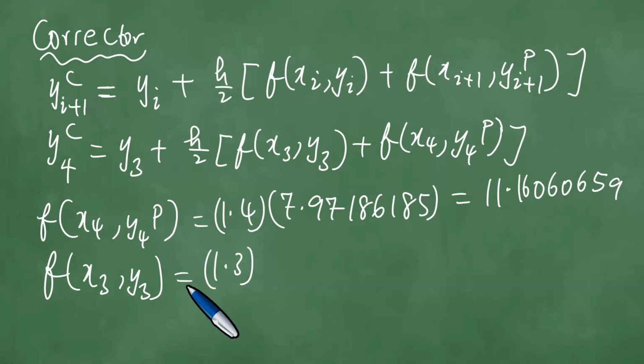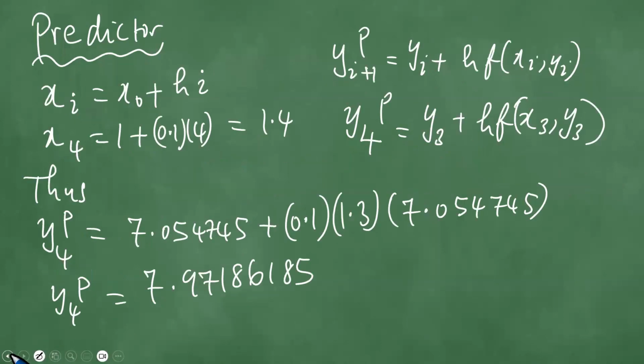And then we're getting y3, which is exactly what we got before, 7.054745.